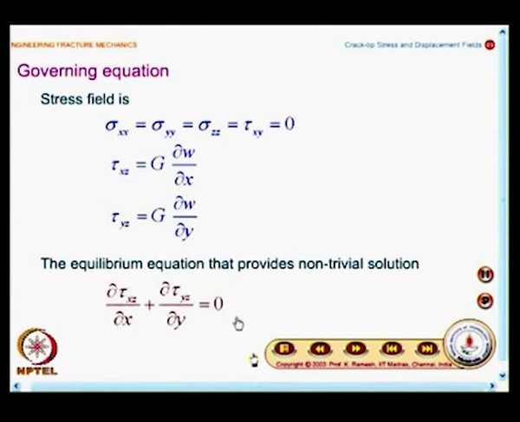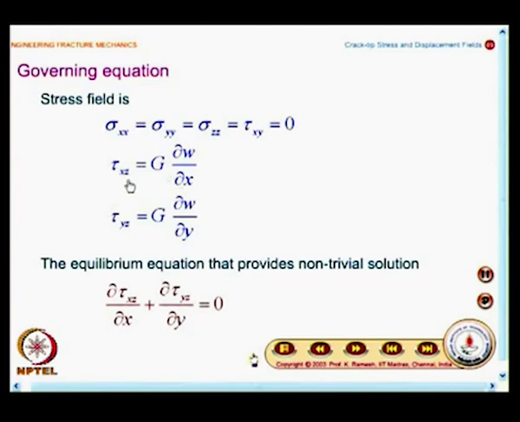The relevant equilibrium condition is in the z direction, dou tau x z divided by dou x plus dou tau y z divided by dou y equal to 0, because dou sigma z divided by dou z is already 0. So, I have to satisfy this.